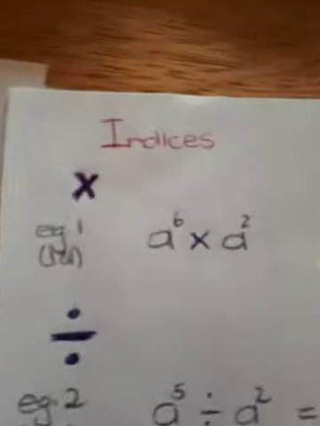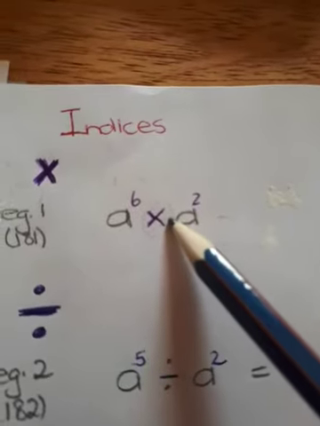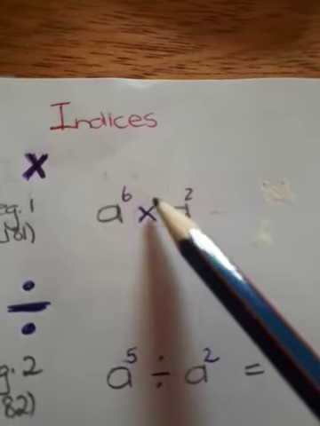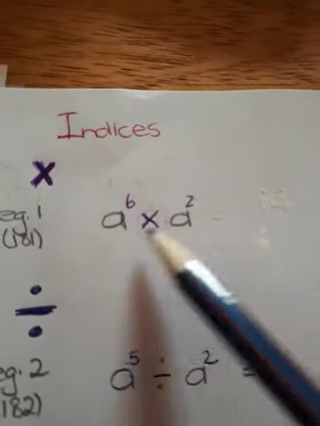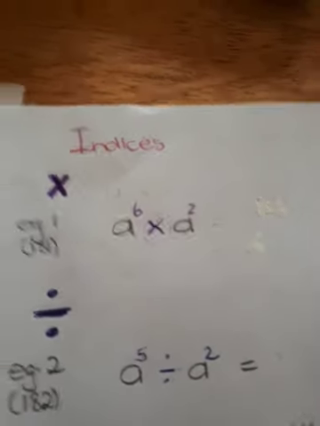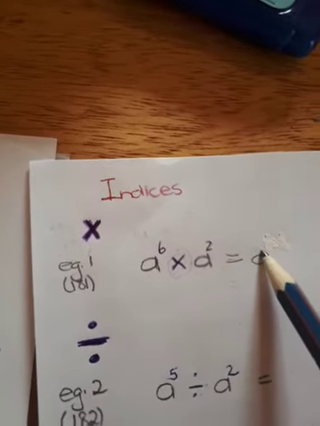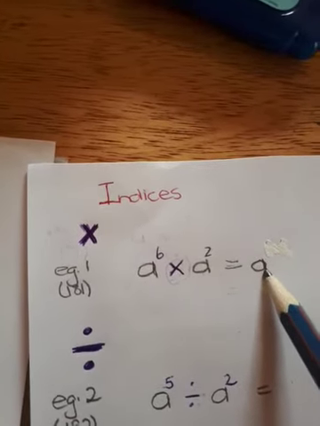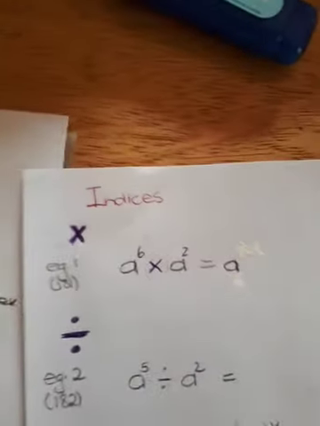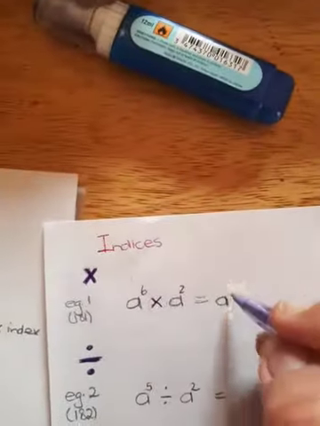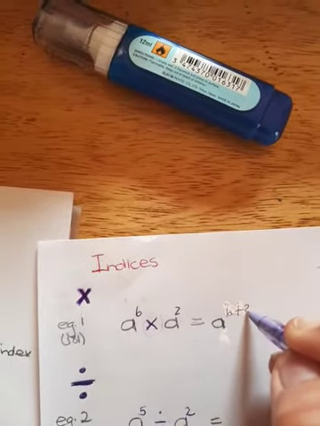So when we now get to an example, when we multiply, so you've got a multiplication. Powers, we've got indices with the same base. Both of them are A. The law says same base, so it will remain A. Then it says we add the index. So 6 plus 2.